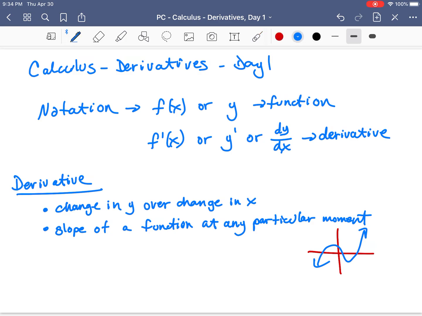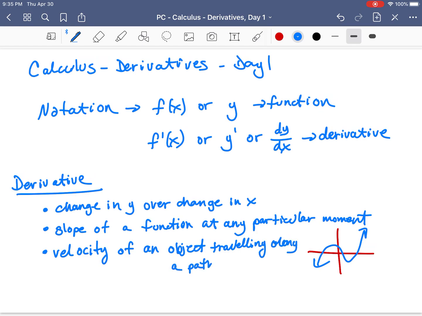All right. So you can also think of the derivative as the velocity of an object traveling along a path. And the path that you're traveling along is the function itself.